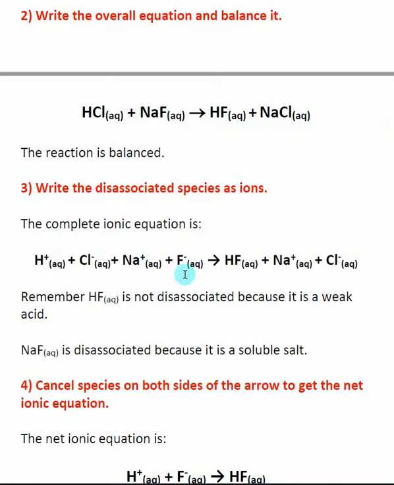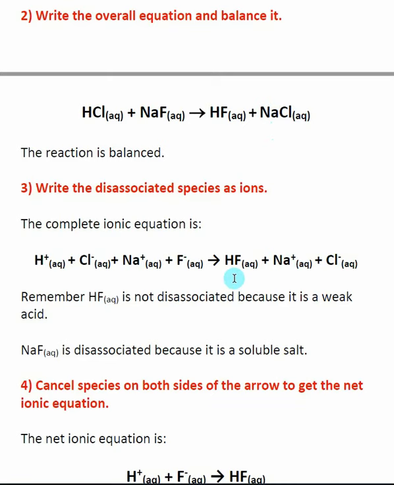So it dissociates and puts F minus into solution. So NaF, a soluble salt, we dissociate into Na plus and F minus. Over here, HF, a weak acid, is not dissociated. And then here, NaCl: Na is a group 1 metal, and because of this, it is dissociated into Na plus and Cl minus. So HF is really our product.